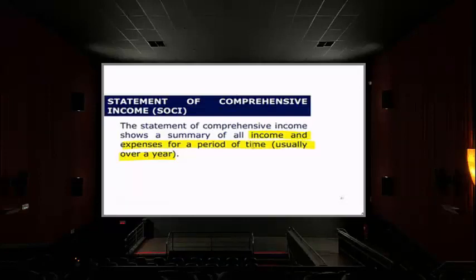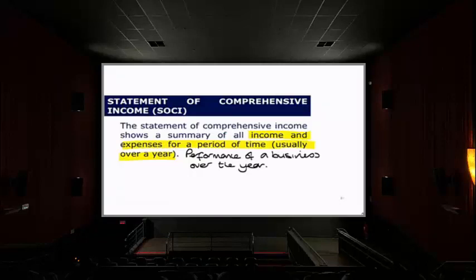So this statement of comprehensive income really shows the performance of a business over the year. So it's going to show whether they made a profit or loss in that year.